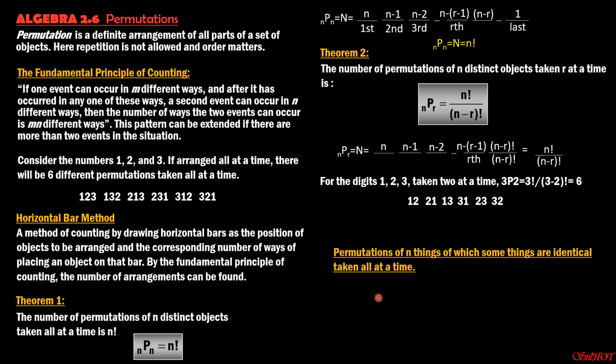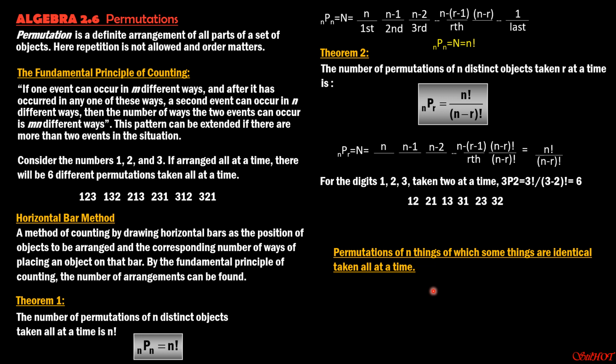There are so many letters there which are identical. Arranging appetite, engineer, so words with identical letters, or arranging objects in which some things are identical, taken all at a time.